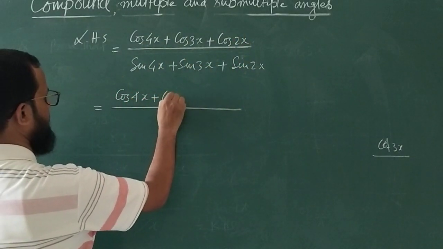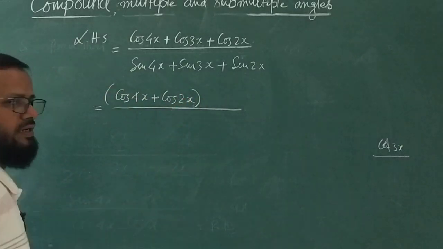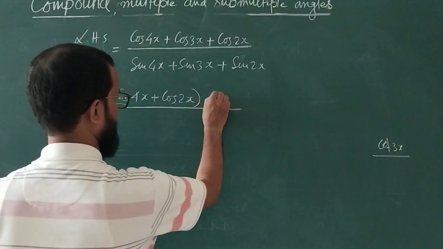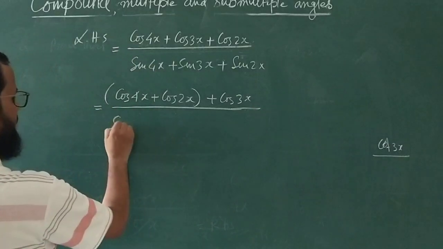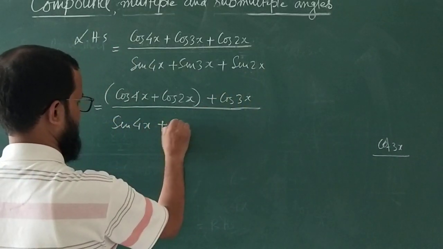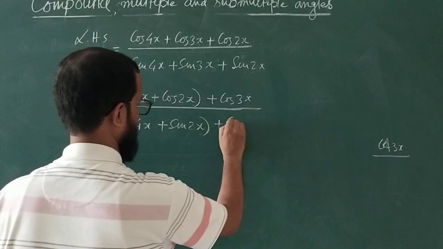Why am I arranging? क्यों अरेंज किया है? Because 4x plus 2x divided by 2 equal to what? 3x. ये मिल रहा है इसीलिए plus cos 3x. Similarly sin 4x के साथ sin 2x arrange करें, plus sin 3x.